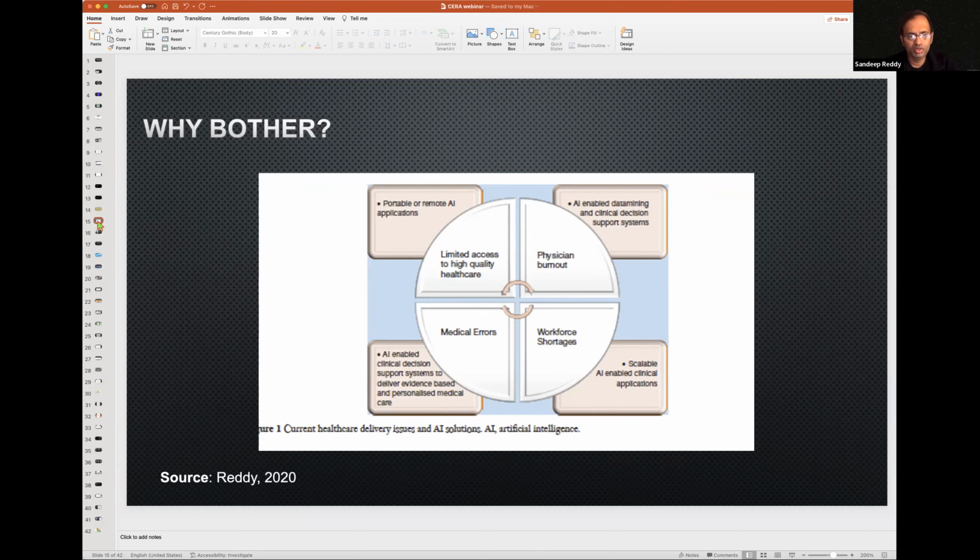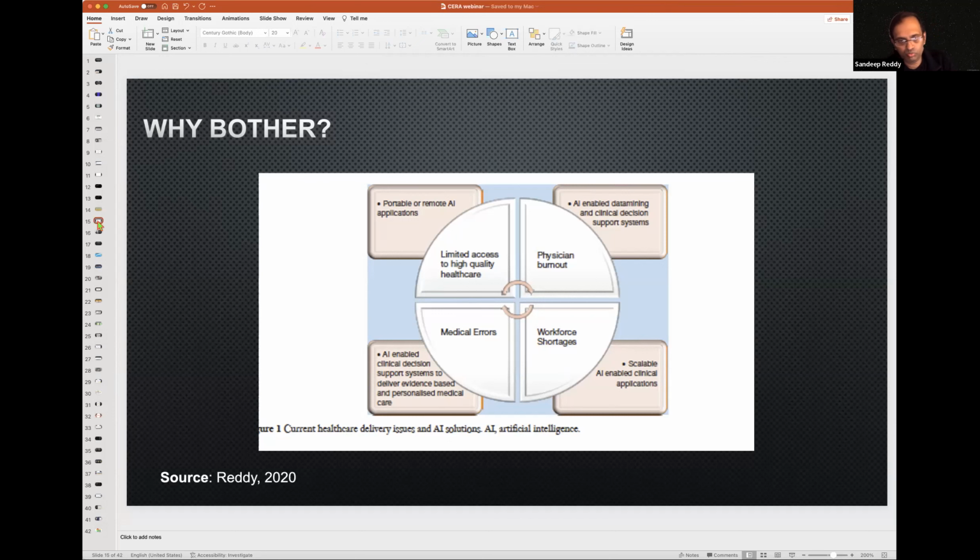The next issue is a sad issue. It's to do with the medical errors that happen because of human biases or human errors, or it may be because of technical errors. And that leads, unfortunately, to adverse events and even sometimes patient deaths. Again, AI, through its ability to standardize systems and to identify and detect errors, can be a solution in this regard.